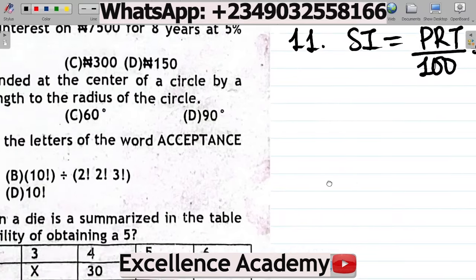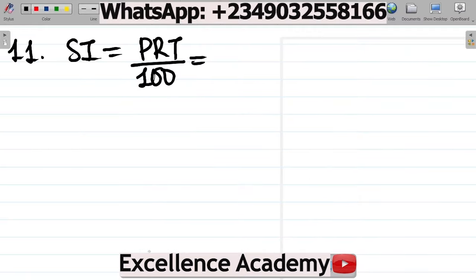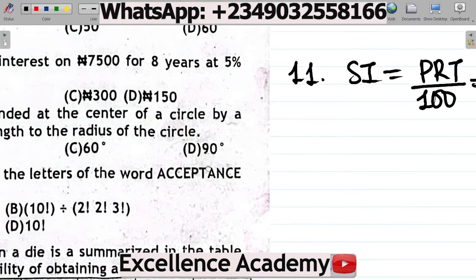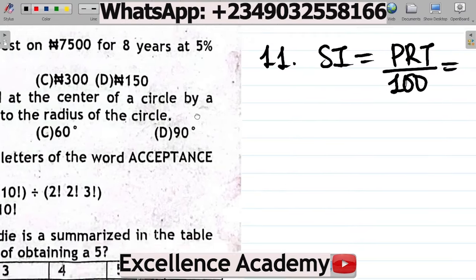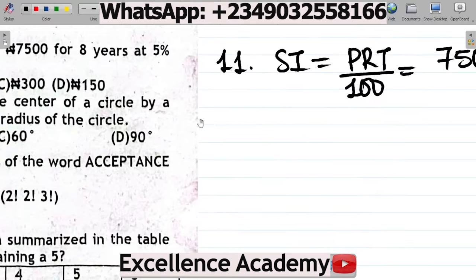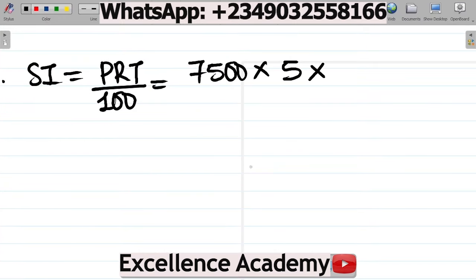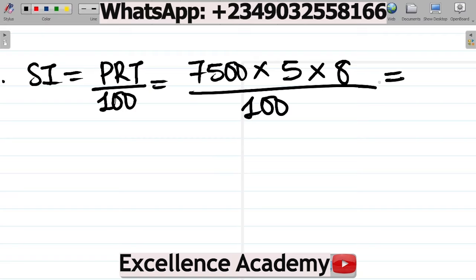The principal is the amount you're given there, which is 7,500. That becomes 7,500 times the rate. That talks about the percentage there. They said at 5%. So the rate there is 5, times the time in years, which is 8 years. Divide this by 100. Let's work on the numerator there.